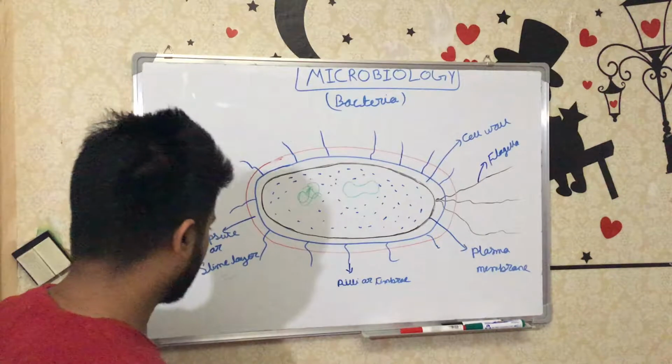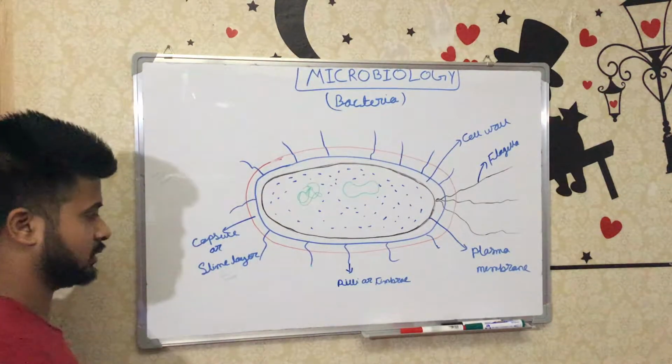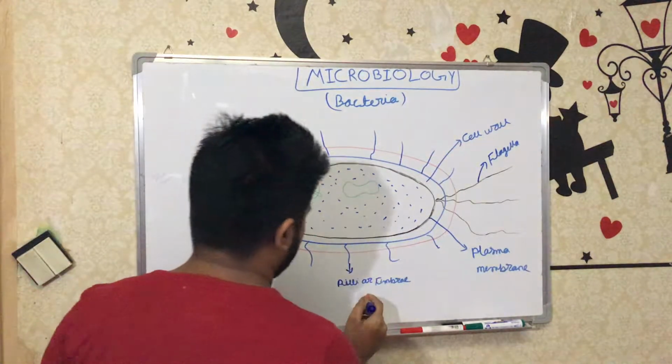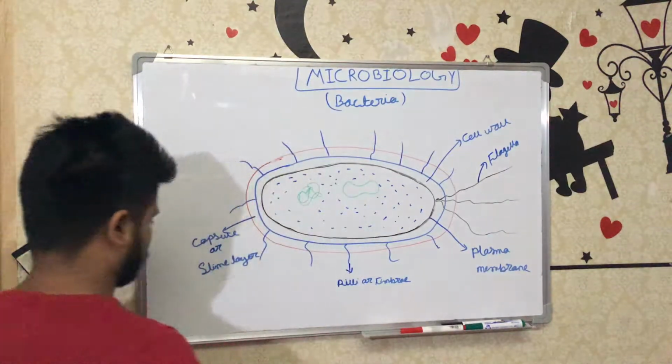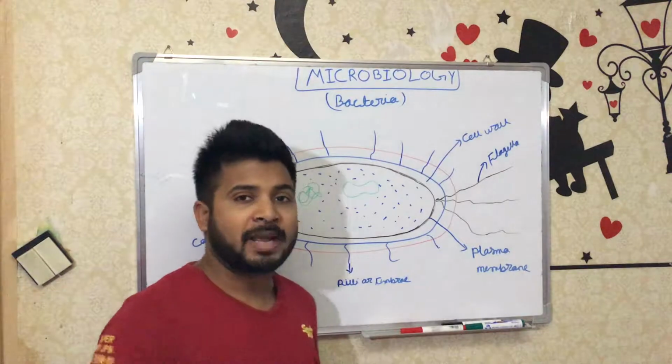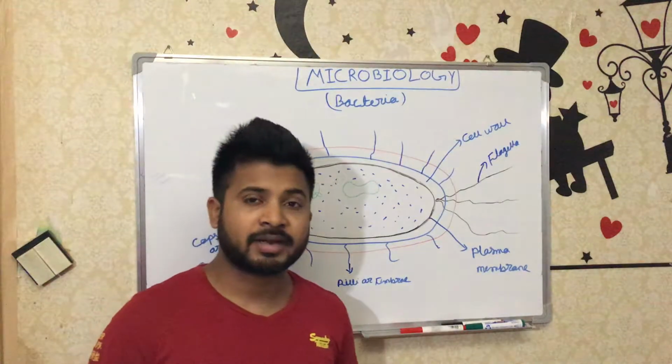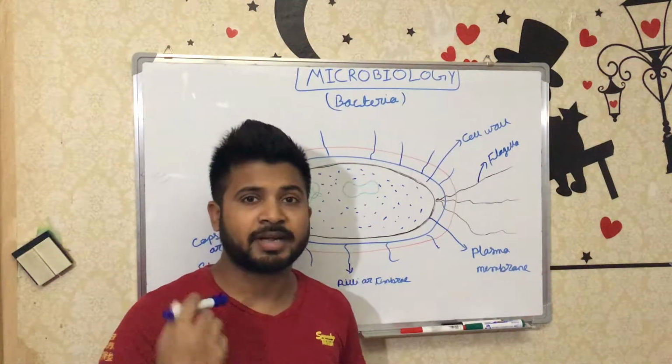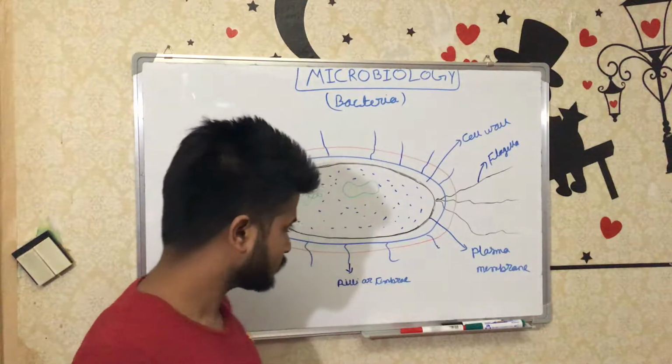So in this way you can understand that it is very pathogenic. So flagella, pili and fimbriae, and capsule or slime layer, these three components are very pathogenic components. By these components, bacteria can be very pathogenic and can damage the human body a great deal.